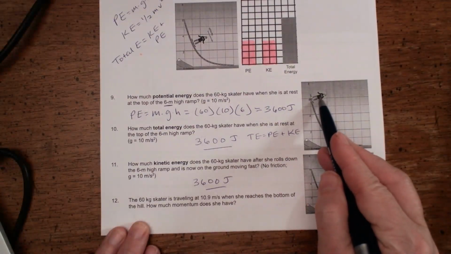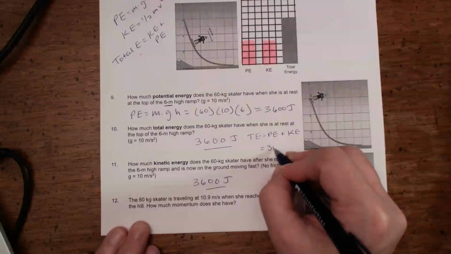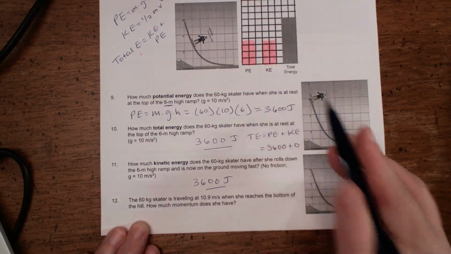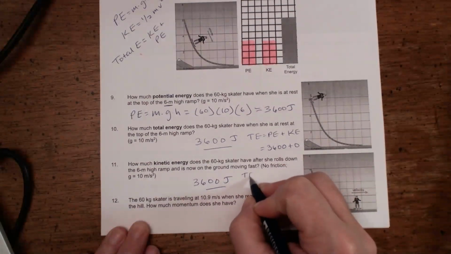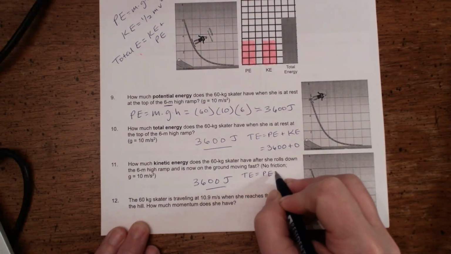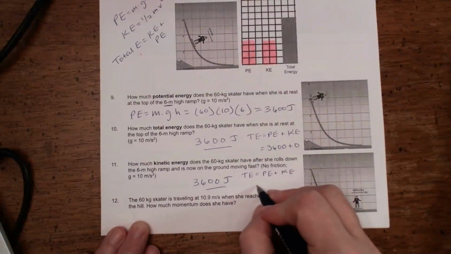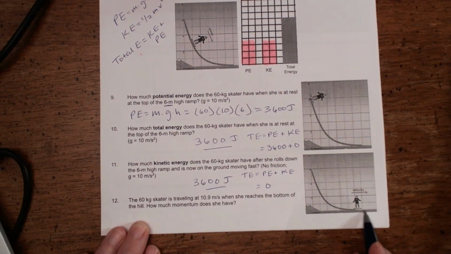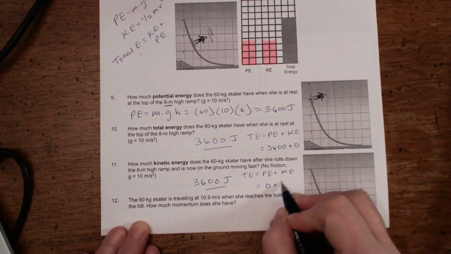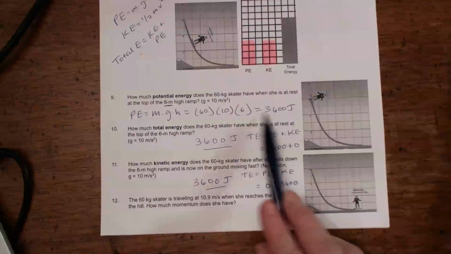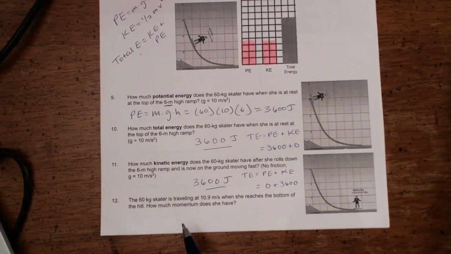When she's at the top, all of our energy is potential, no kinetic because she's at rest. And likewise at the bottom, total energy equals potential plus kinetic. At the bottom, our potential is 0 because we've got no height, so all of our energy has got to be kinetic. Those all go back to conservation of energy that we talked about when we did our energy unit.